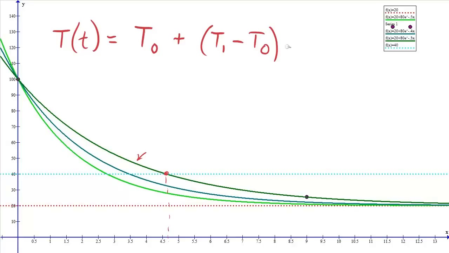And this difference is multiplied to the exponential expression e to the power of, we can make this negative because we know it's a decreasing function. There's our variable time, and what we'll need to do, very similar to how we just broke it down here, know the temperature of the environment, know the temperature of the object, figure out the growth rate, and then we can answer some further questions.